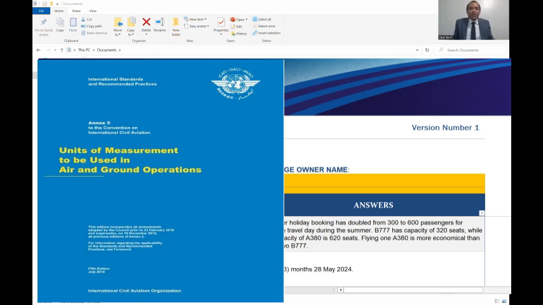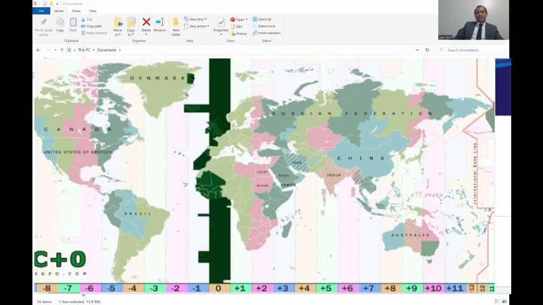Annex 5 talks about units of measurement to be used in air and ground navigation. This is part of the process in terms of standards and recommended practices, because in terms of units of measurement, we don't use, for instance, the American liter and the English liter, with any difference.